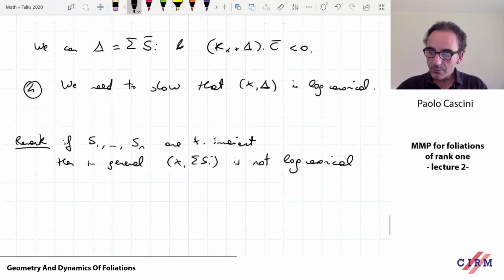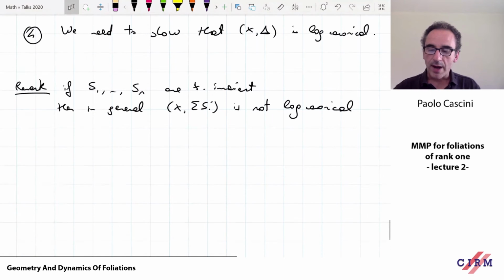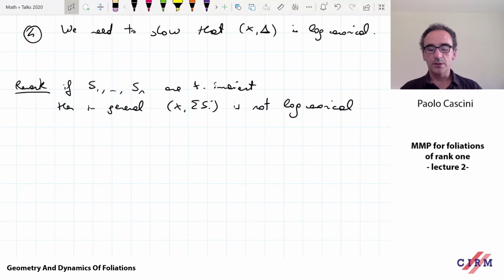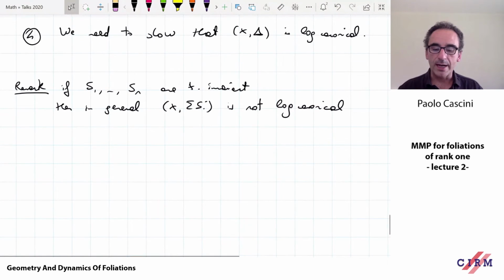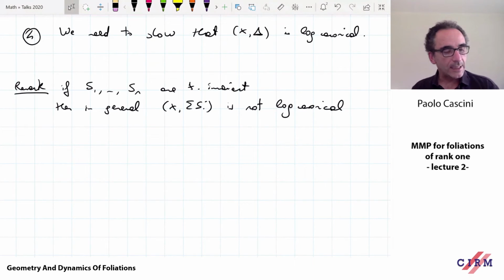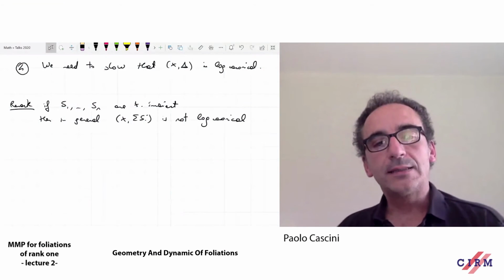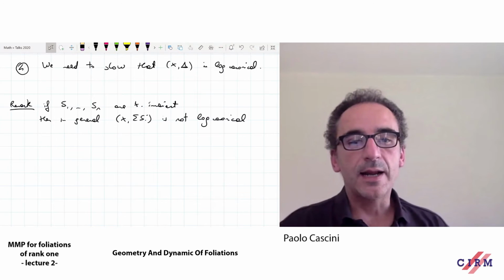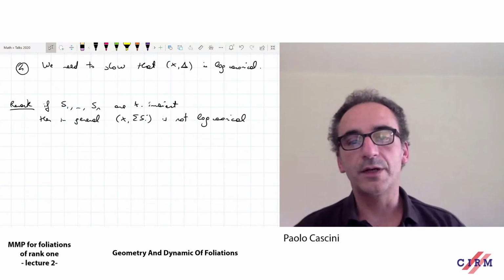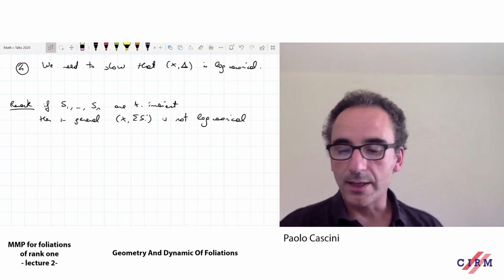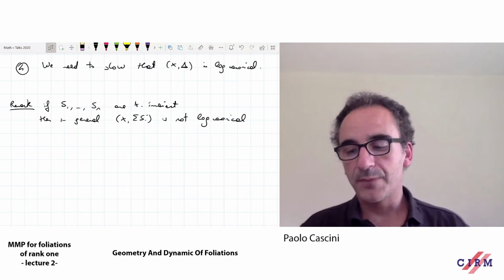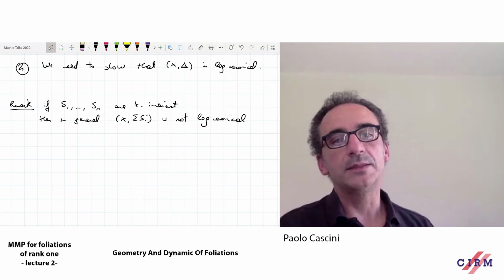So this is different from rank 2 foliation or 3-fold. So we need to be a little bit more careful about what kind of statement we can prove. And actually, what turns out to be true is that although written like this is not true, in the right setup, we can show that over close points there exists no divisor which has log discrepancy less than 0.